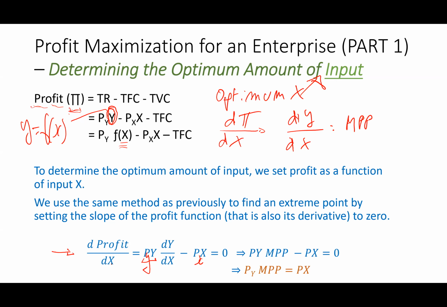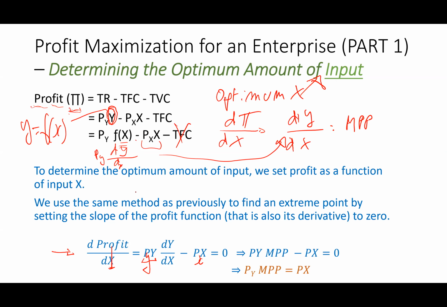So the derivative of profit with respect to X is, of course, PY does not change, times the derivative of Y with respect to X. And since we are deriving with respect to X, minus PX. The total cost is a value, a number, not a variable, and so it does not appear in our derivatives.